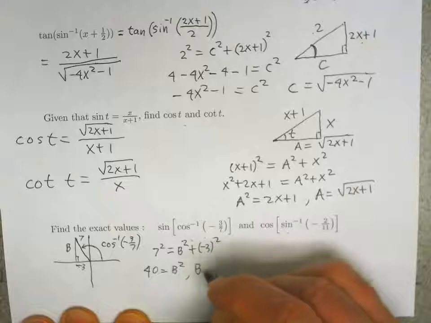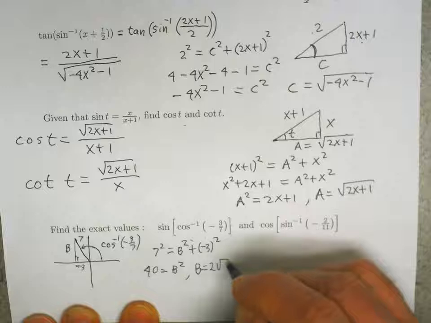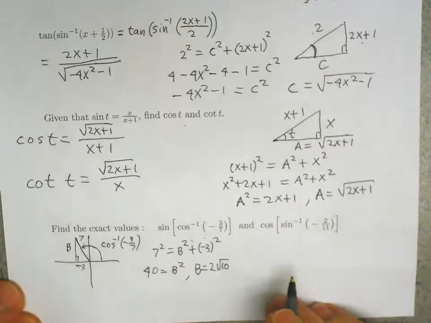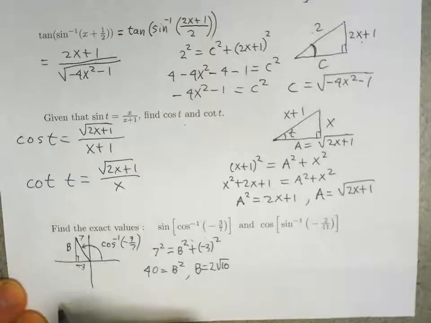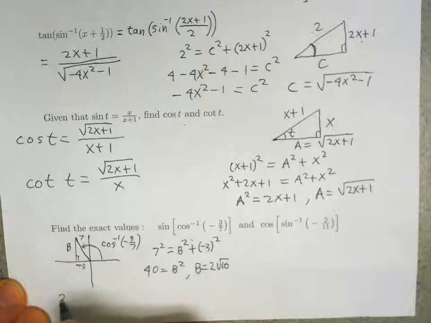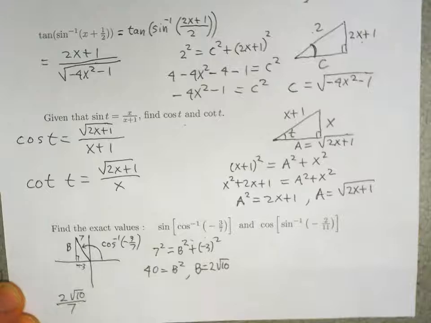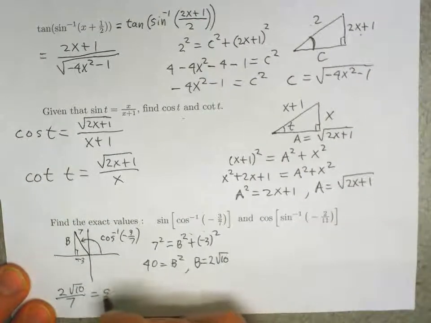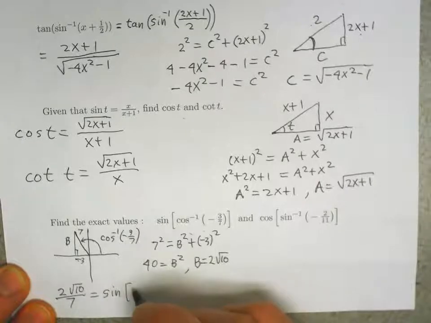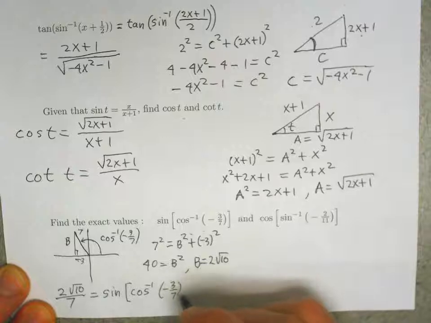And so B is equal to the positive square root of 40, which is 2 times the square root of 10. And so the sine of that angle is the opposite side, 2 times the square root of 10 over the hypotenuse 7. So this is what sine of the inverse cosine of negative 3/7 is.